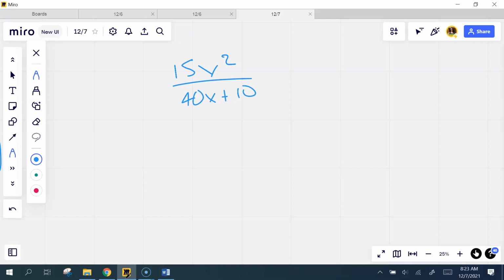I would do it again because it's still giving me infinity over infinity, and adding 10 is not going to make a difference. So 30x over 40, which would be infinity over 40, which is infinity. Oh, it's because it's the limit as x goes to negative infinity.